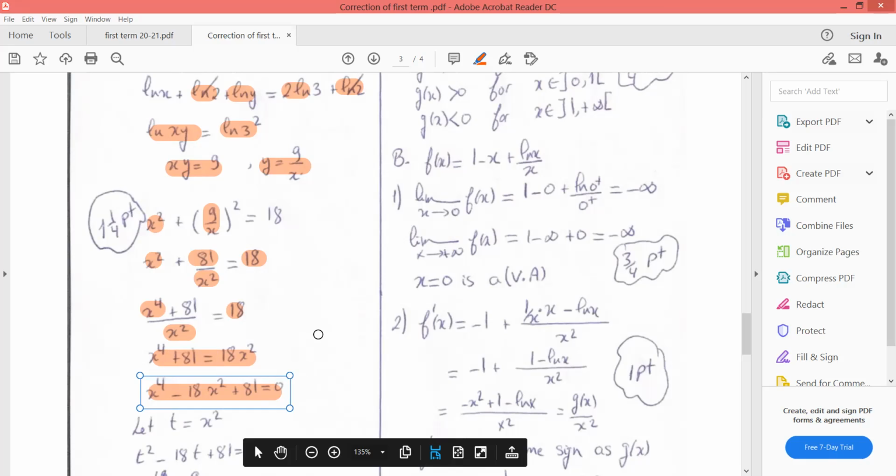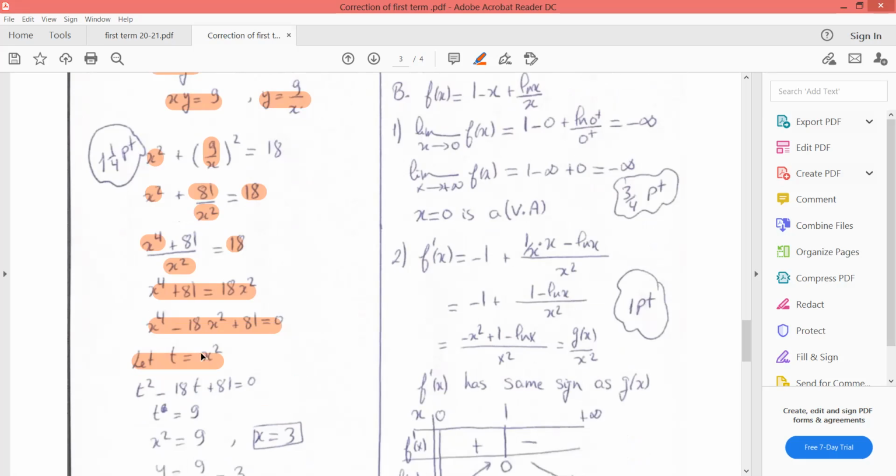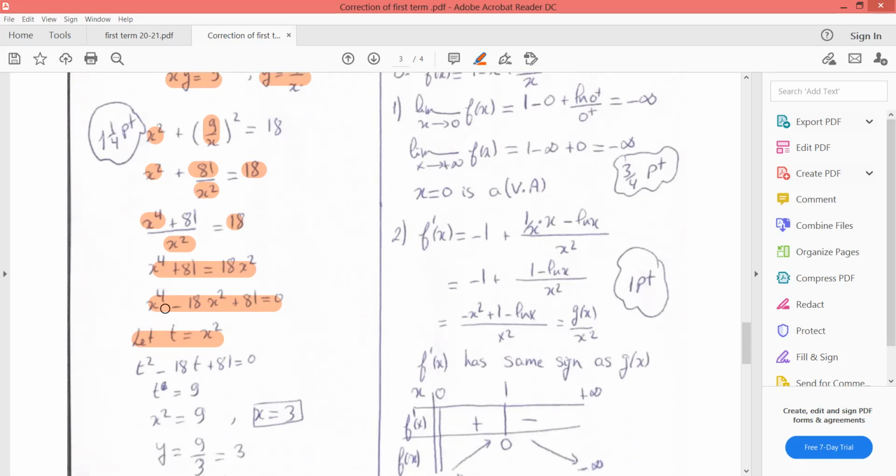To solve a biquadratic equation, I let t = x squared. t should be positive, because x squared is a positive number. So this x power 4 becomes t squared, x squared becomes t, plus 81.